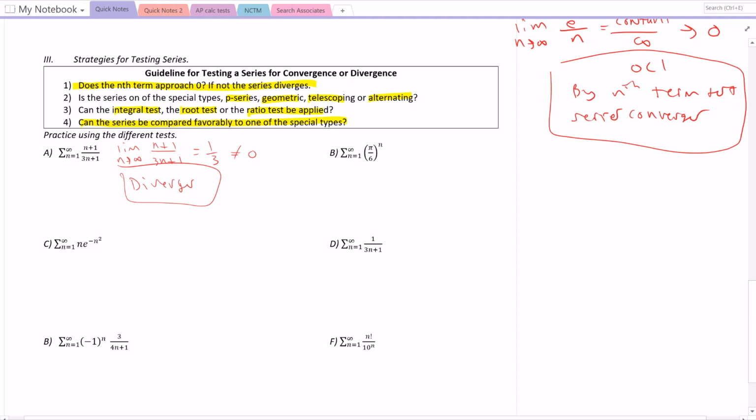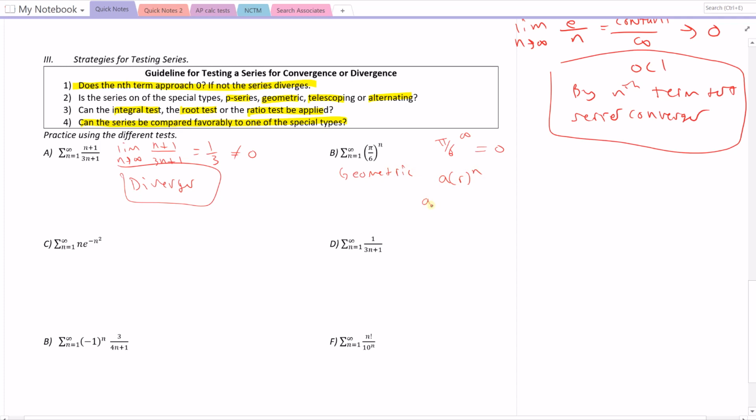Okay, next one, you'd say, let me try the nth term test. It turns out that pi over 6 to the infinity equals 0, so the nth term test fails, but we should recognize this as geometric. It's a geometric series because it's in the form a r to the n, some number to the nth power.